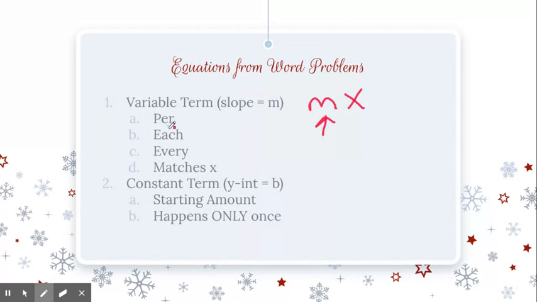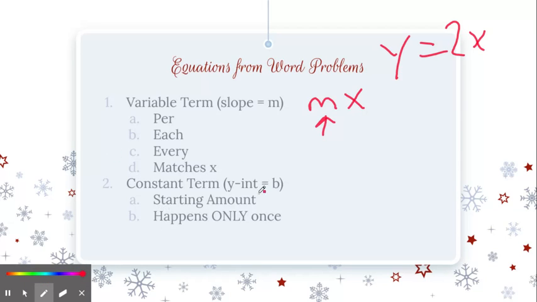If you find per, each, or every, whatever number is attached to that goes with the x. So if it says 2 per, then I'm going to put 2x. And that's going to be what it is. Okay, so you always start out with y equals. And then if I find something that says 2 per, I'm going to put 2x. Okay, and then I'm going to move on for the constant.